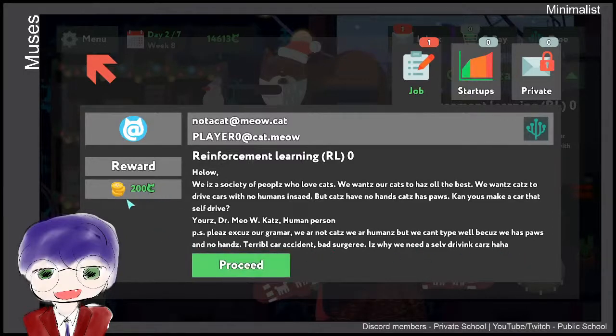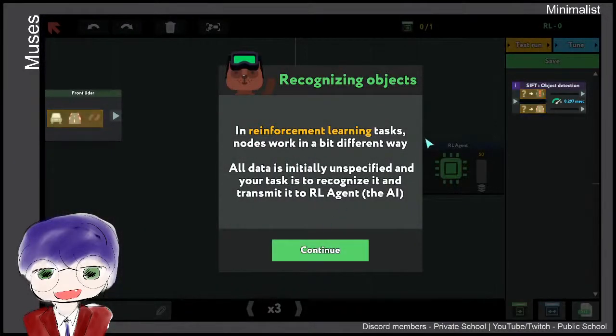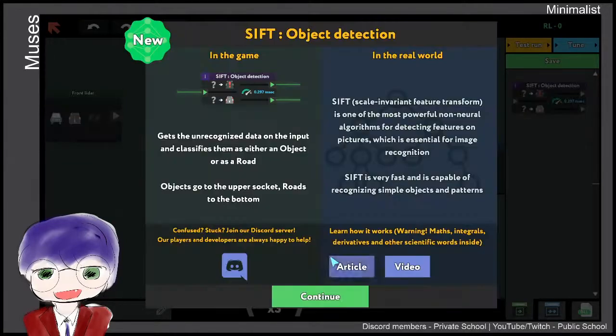Oh, look at the least amount of rewards we have. Task nodes work in a different way. All data is to recognize it and then transmit it to the reinforcement learning. Oh, lovely. Oh yeah. Scale invariant feature transform. Yep.